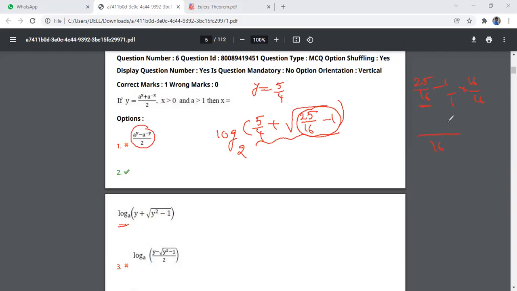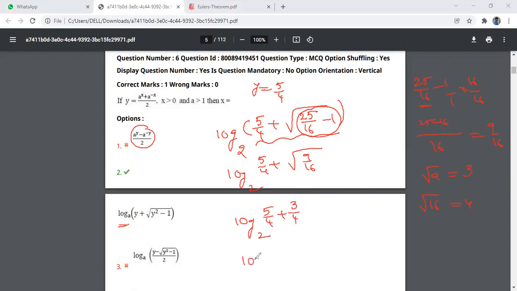So 25 minus 16 will become 9 by 16. So what is it? Log 2 of 5 by 4 plus under root 9 by 16. Root 9 becomes 3, root 16 becomes 4, because when two same numbers are multiplied, one number comes out of the root. So this total answer is 3 by 4.